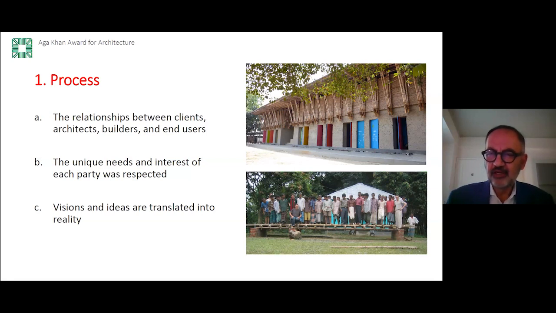The villagers and the carpenters didn't believe that they could have a big classroom with a bamboo truss. So the German architects built one truss and asked all the villagers to go and stand on it. When they stood on it and found out it would not break, they believed. So the process is something where you have to involve all the different people who are there, not just say, this is the best way I know as the architect, do what I tell you.